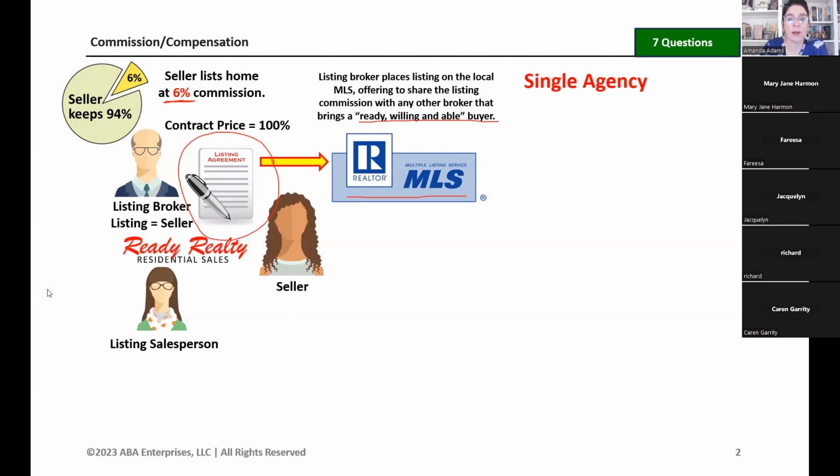So when you put the listing on the MLS, the listing salesperson has to tell everybody else in the MLS how they're going to split commission. And typically, this commission is split 50-50. Okay. So when we go to the closing, the 6% is going to be split evenly between the listing brokerage and the brokerage representing the buyer.